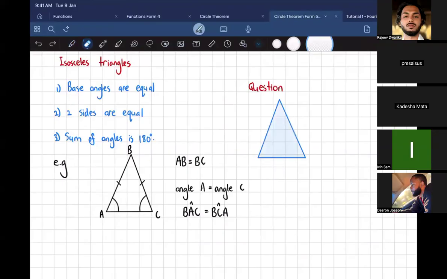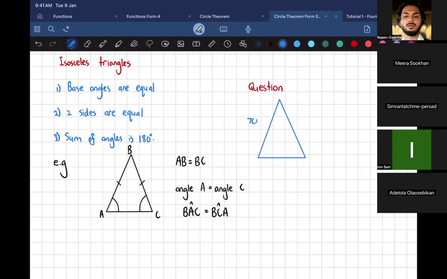Obviously, you know it is isosceles now, but I'm just going to put in these lengths. So 7 centimeters over there and 7 centimeters over there. So we know it's isosceles. And if I were to tell you that this angle here is 35 degrees. Actually, let me change that to 34.